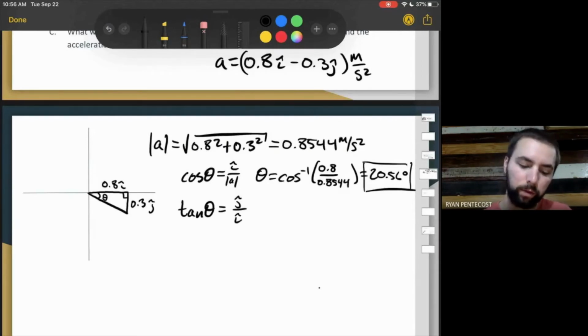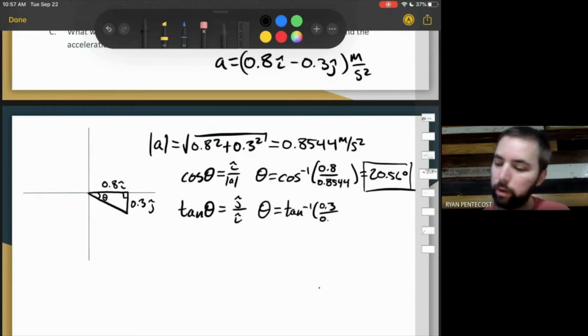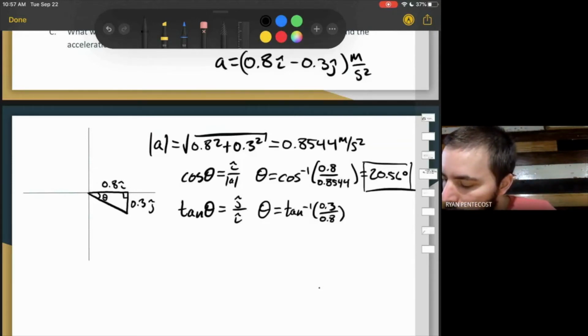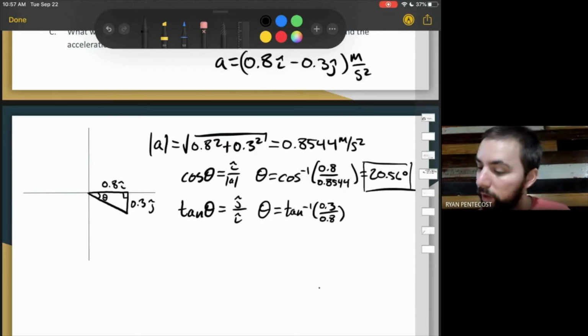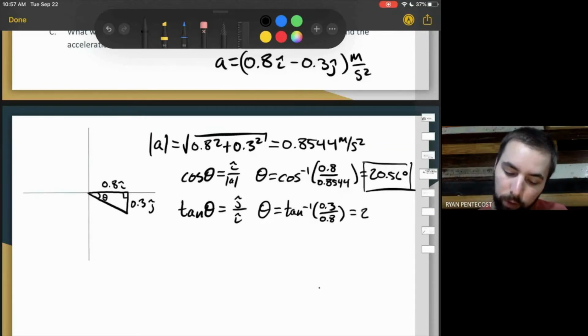We already have those. So if we did theta equals tangent inverse of 0.3 divided by 0.8, we should get the exact same thing, and we did, 20.556. So we would round that to 20.56 degrees.